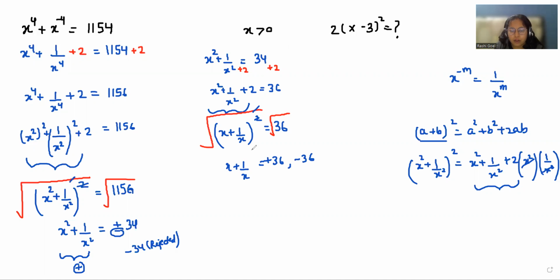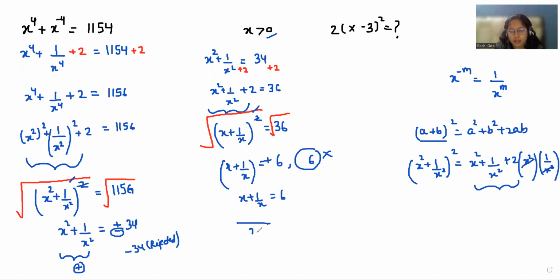So again we can remove the value of minus 6 because our x is greater than 0. So we reject this value. So x + 1/x = 6.